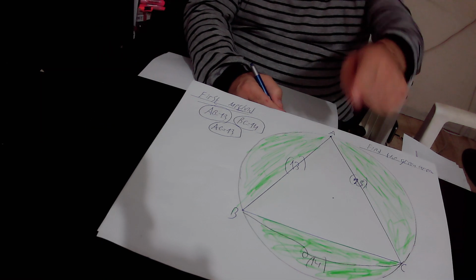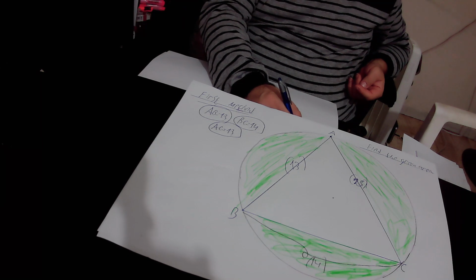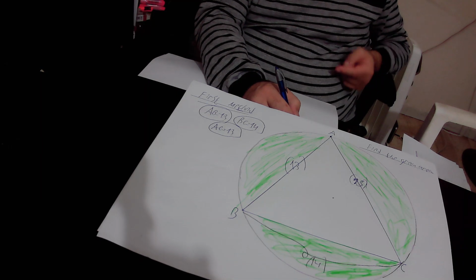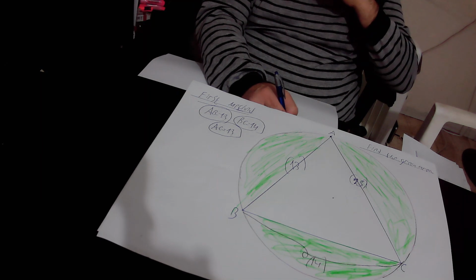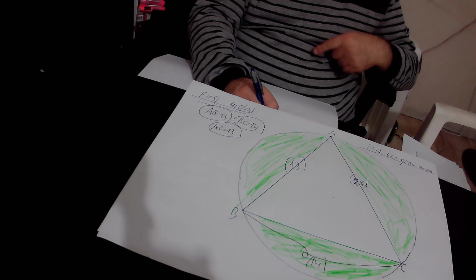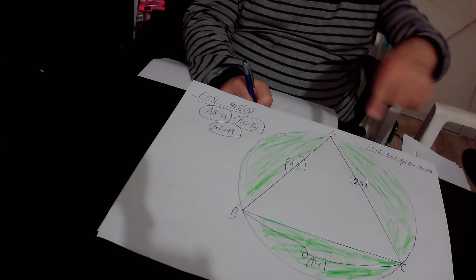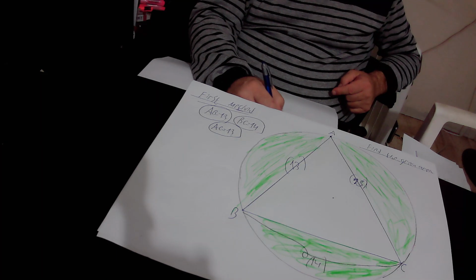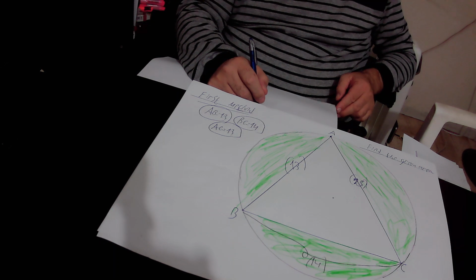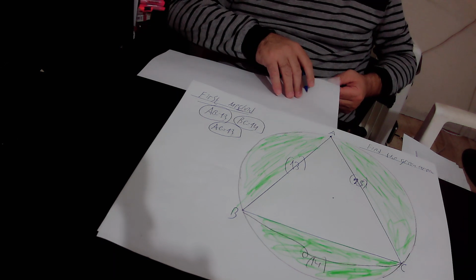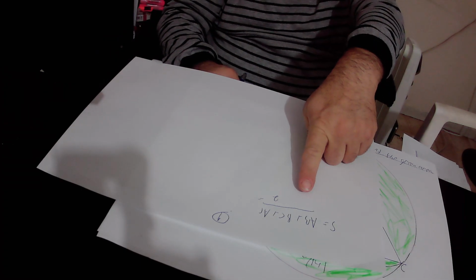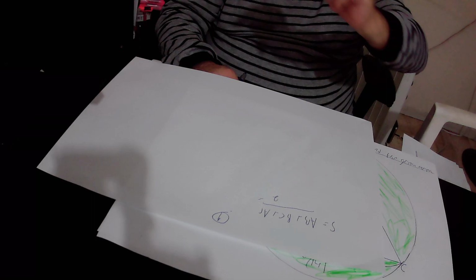So the semi-perimeter S is equal to AB plus BC plus AC over 2. Okay, again, the semi-perimeter of this triangle ABC equals the perimeter, that is AB plus BC plus AC over 2.